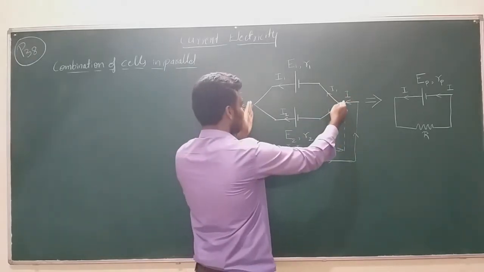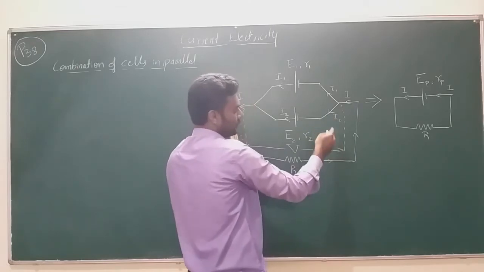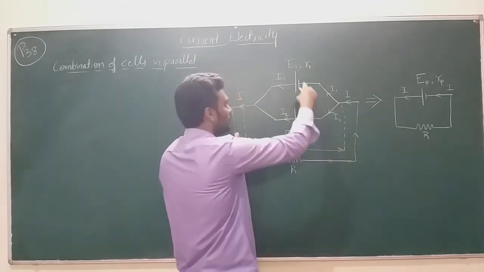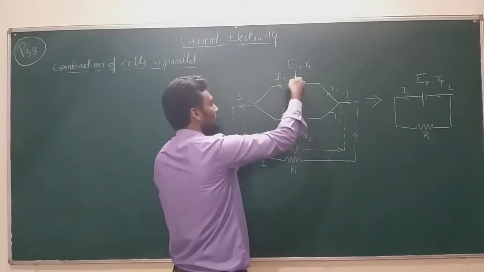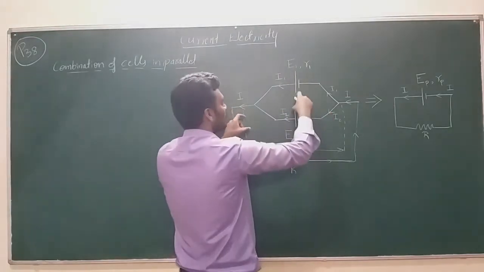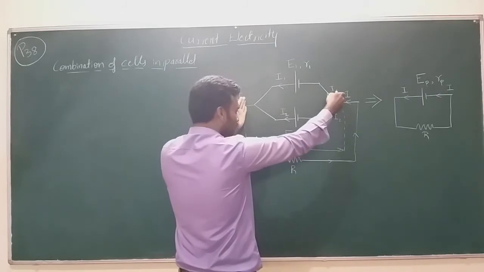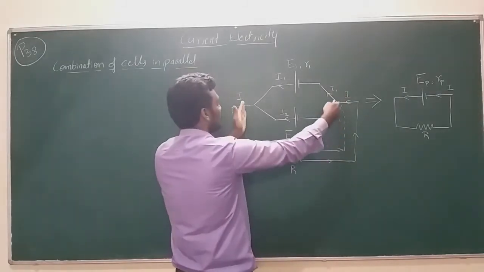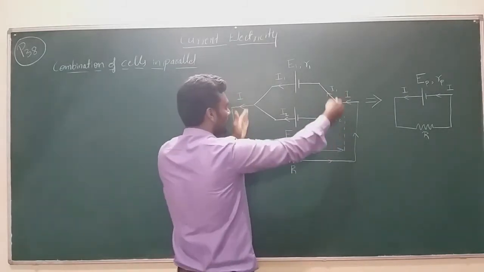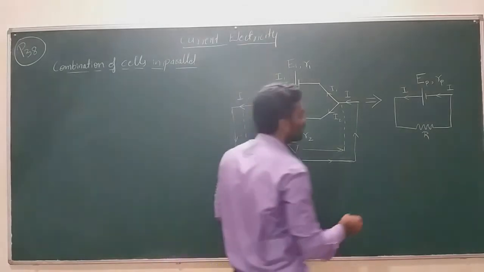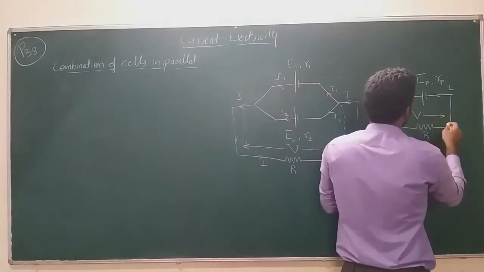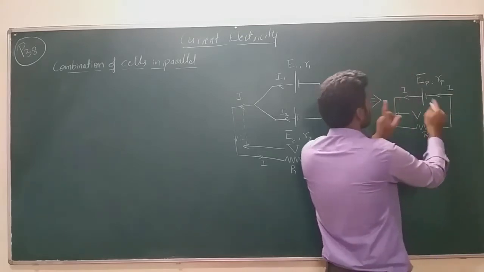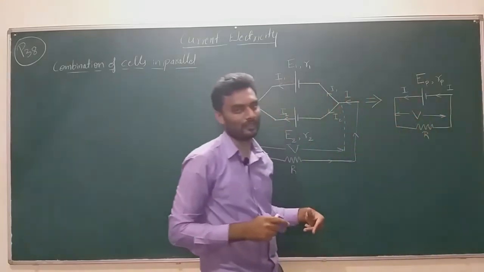So the voltage across them will be simply V. You can put a resistor here, a capacitor here, whatever you want, but V volts itself will be the potential difference across these two points. And similarly, V volts will be the potential difference across the terminals of the effective cell.